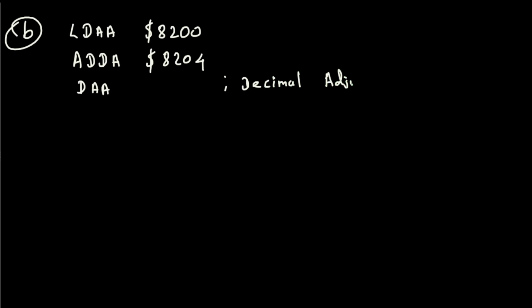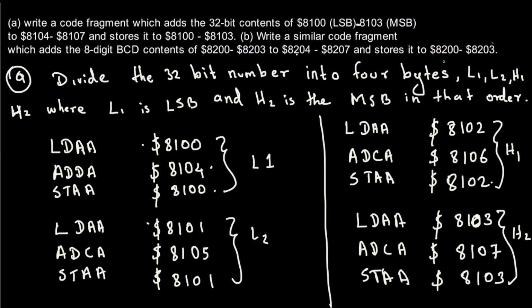This is just a comment, that's why I put it here. This is just an explanation, not in the code. Decimal adjust data in ACCA to BCD. Okay, this is what this one means. And then after that we have to store it, STAA, and the place we're going to store it is right here, 8200.